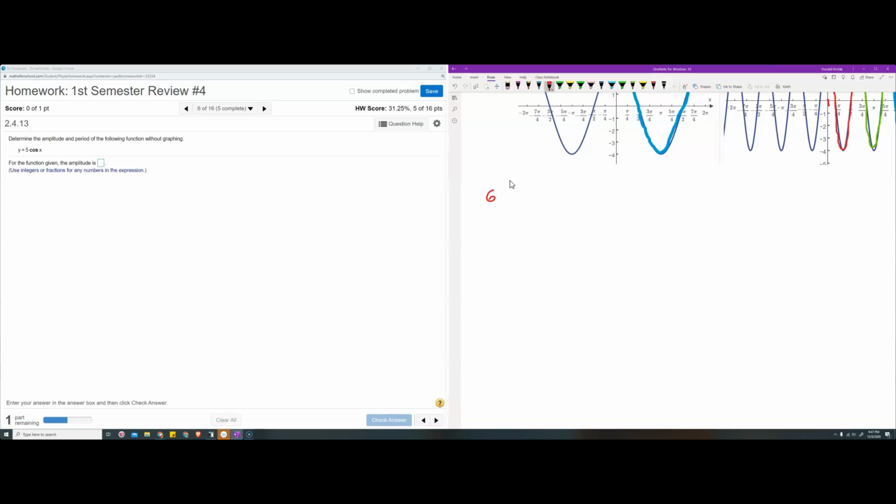Okay, number 6 is determine the amplitude and the period without graphing. So we know that since 5 is in the position of A, this affects the amplitude. There's nothing in front of the x, so the period stays 2 pi.